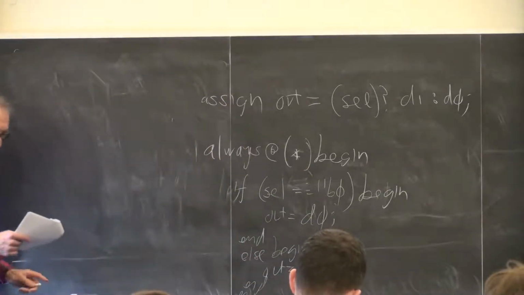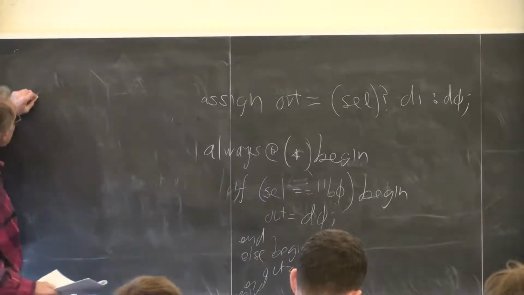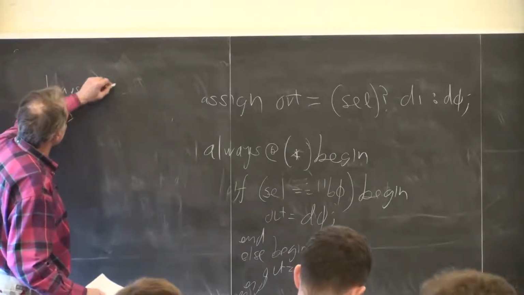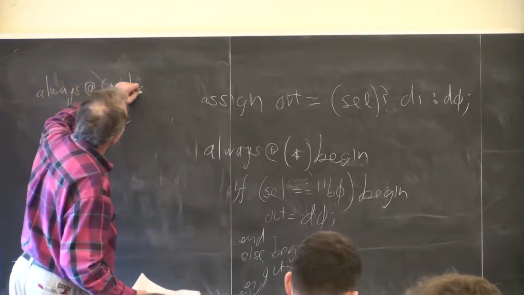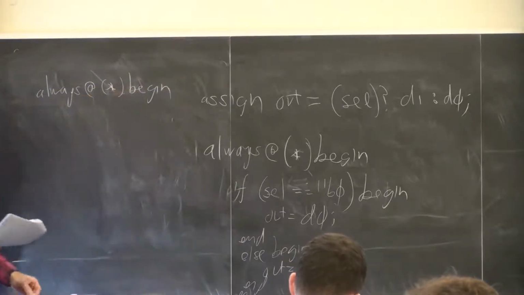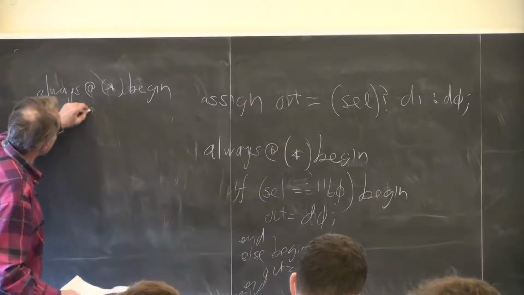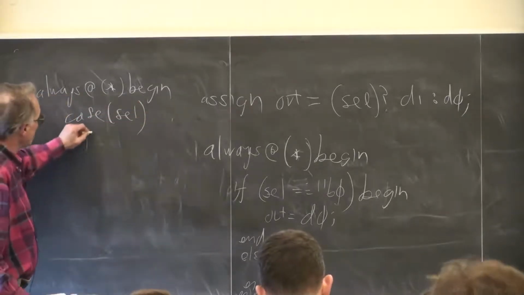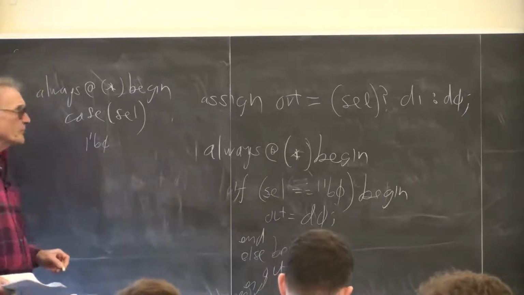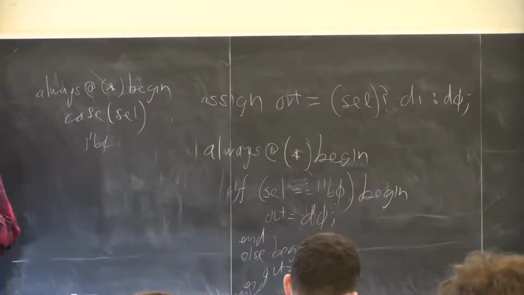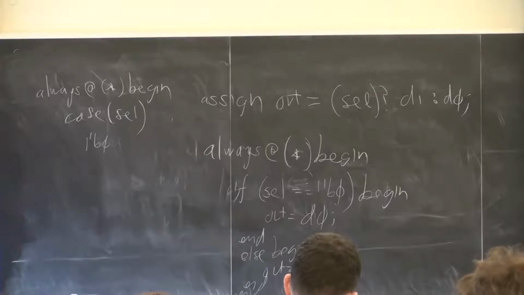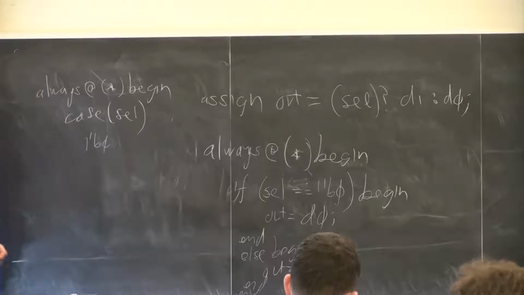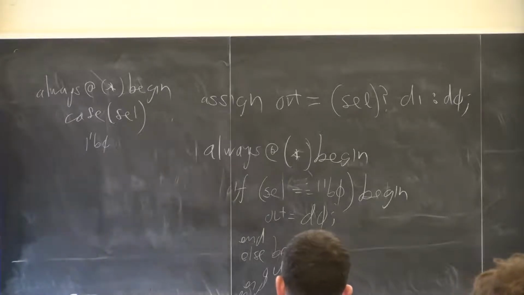We could also write this as a case statement. Always at star begin case of select 1 tick binary 0. The obsessive programmer will always specify the bit length, because what is the default?